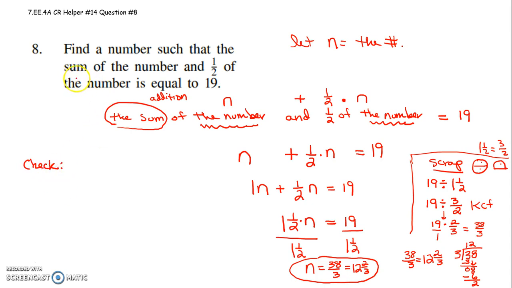For my check, it says the sum of a number and 1/2 of the number is equal to 19. So I'm going to use 38/3. Could have done 12 and 2/3. But if I take 38 thirds plus half of 38 thirds, I'm hoping to get 19.